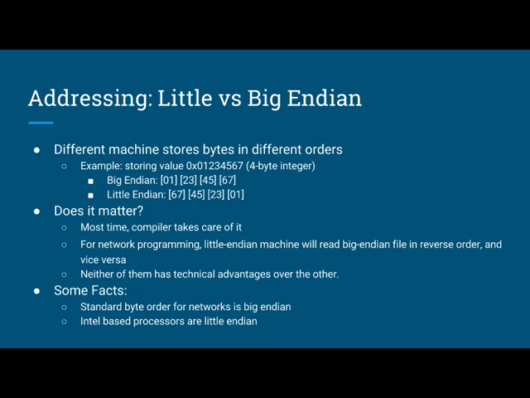Some fun facts: network servers and many other network computers are using big endian instead of little endian, and most of the Intel-based processors, I should say all Intel-based processors, are little endian.